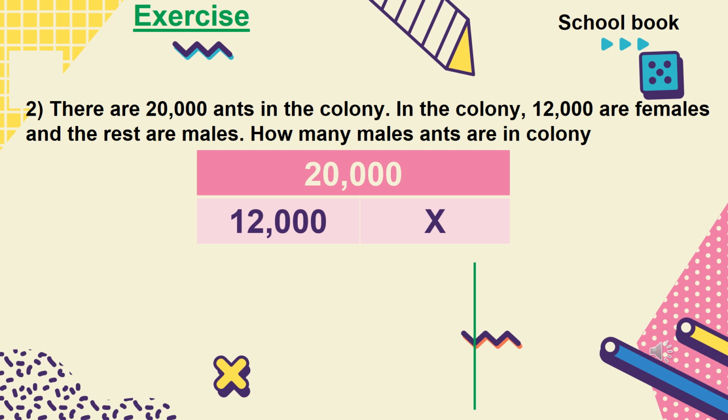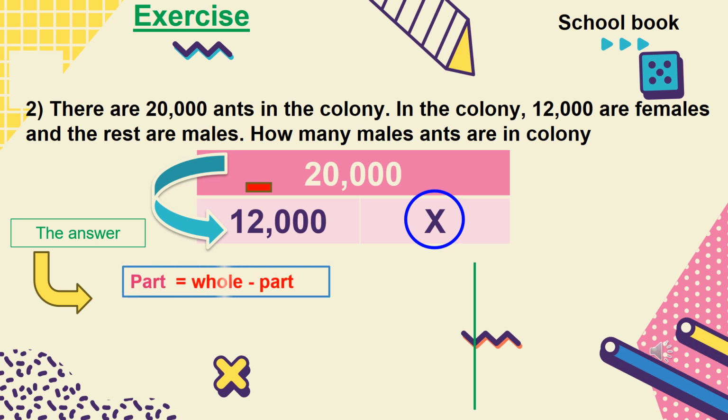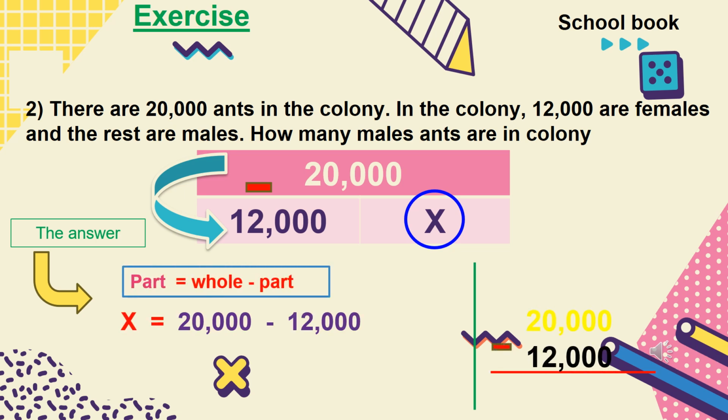We need to get the number of males. So to get x, we will subtract. Part equals whole minus part. So we will make 20,000 minus 12,000. The answer equals 8,000 for males.